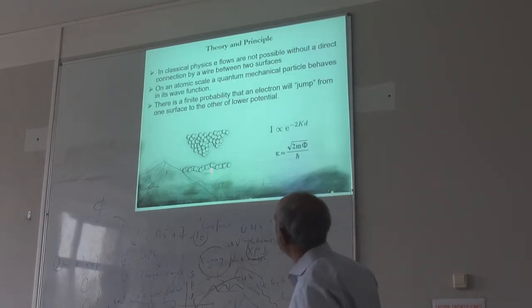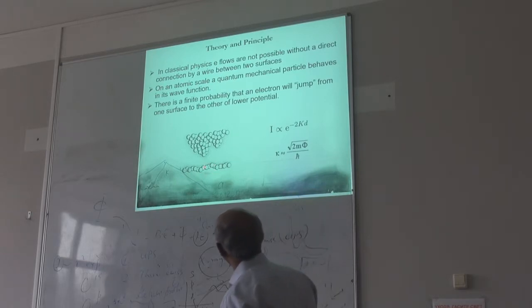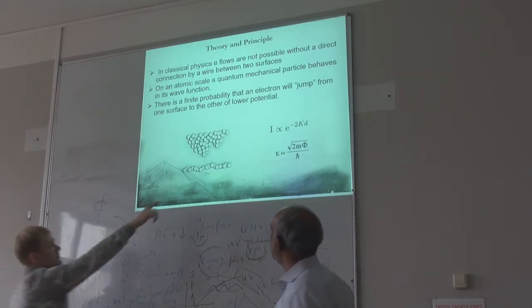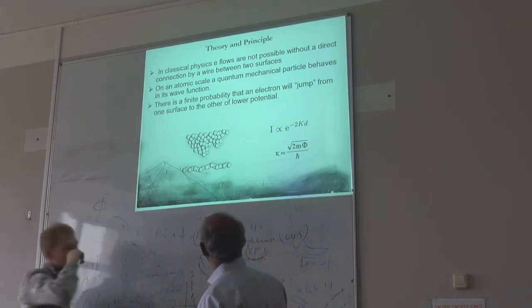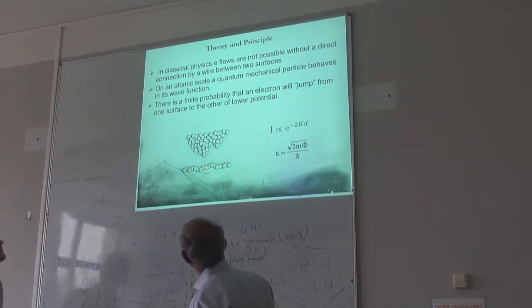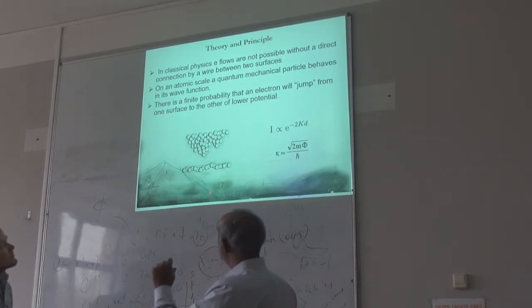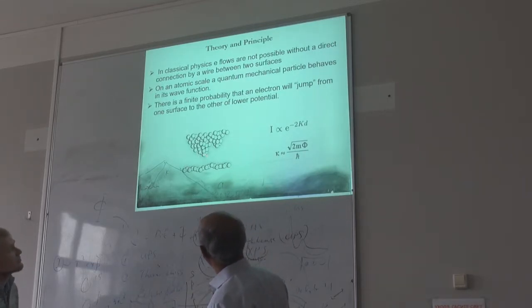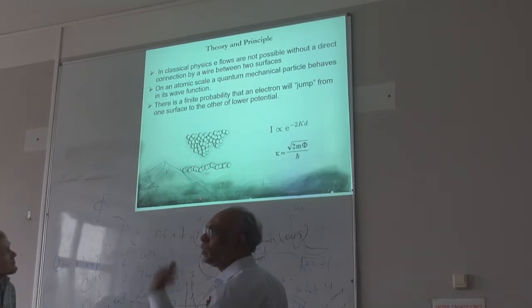This tunneling happens on the atomic scale. This is your sample, this is your tip, and the tip is very sharp, ideally one atom. The electron densities overlap. That's why electrons can easily tunnel from the tip to the sample or from the sample to the tip, and that's why you get the tunneling current.